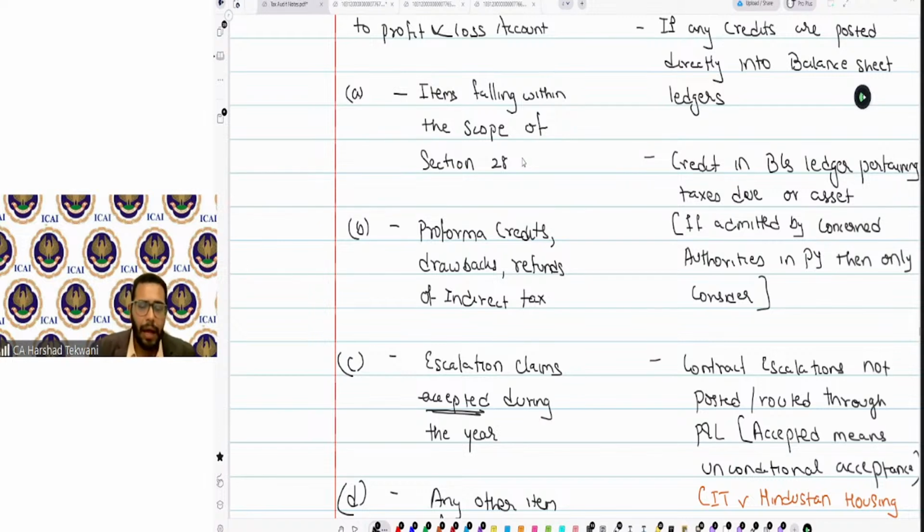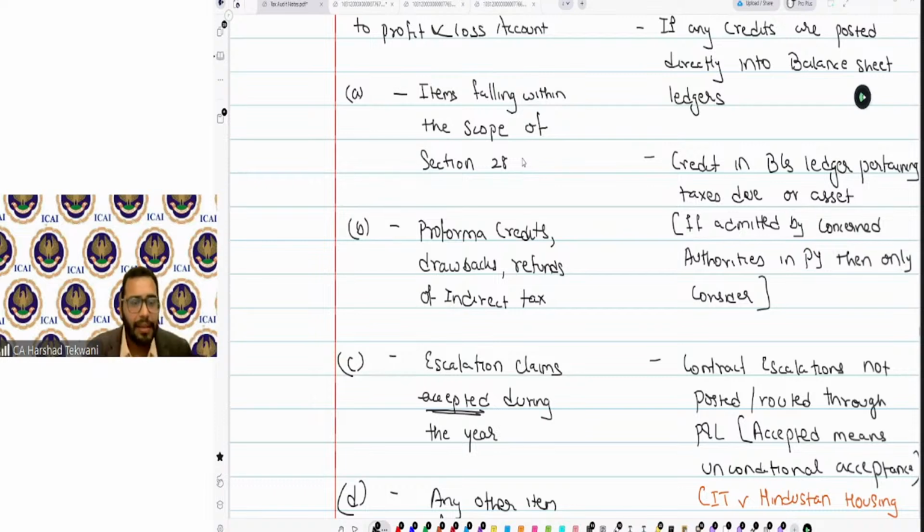Now usually it's a part and it's a custom to have escalation clauses in your contract, wherein if the amount of some raw material increases to more than a certain extent, then due to that particular increase in the cost of raw material, you can claim an additional amount from the customer as a part of the escalation.